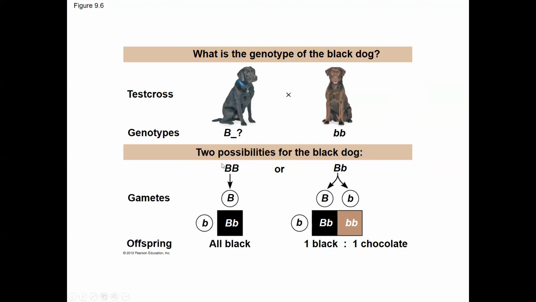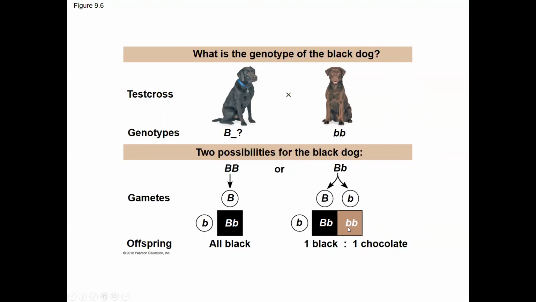Either their offspring will be all black, because if it contains another dominant allele, then all their offspring will be black. But if it contains a recessive allele, then you can get half black, half chocolate. So this should be the possibilities when you cross these two individuals.